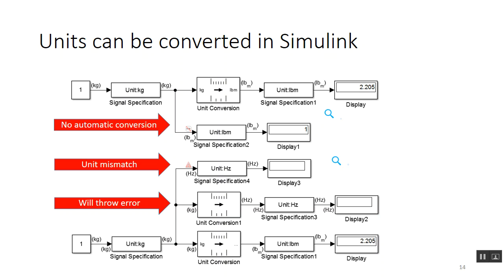So in this case, let's say on the very top, you're converting the number 1, a unitless quantity, into kilograms, giving it the unit of kilograms. Right. So when you go down, what that is telling MATLAB is, okay, I want to convert this 1 kilogram into 1 pound mass, because it still has that number associated with it.